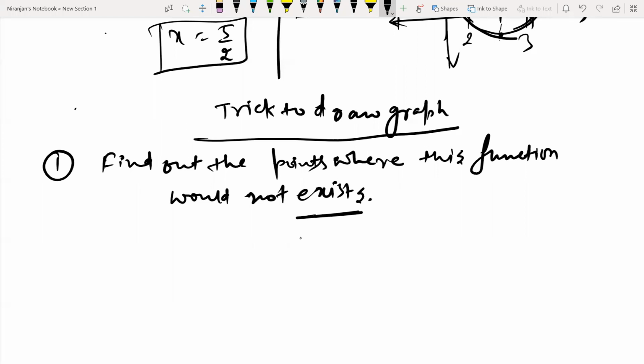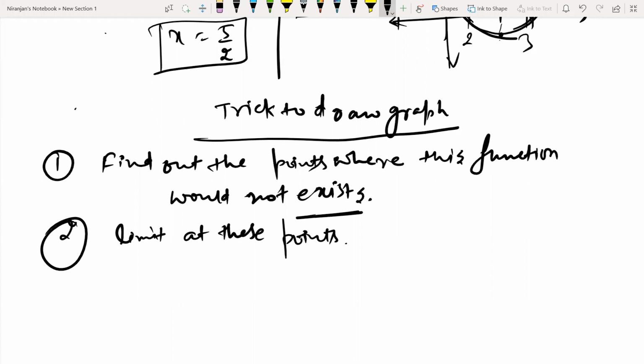First thing you do is figure out the points where this function is not defined or won't exist. Second thing, you find the limit at these points and the limit at minus and plus infinity.